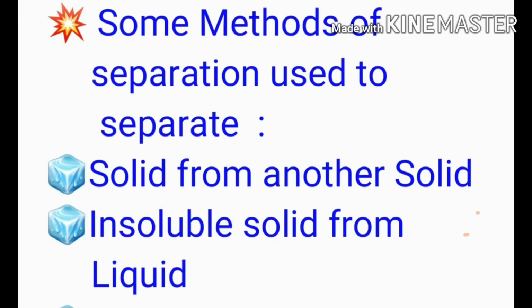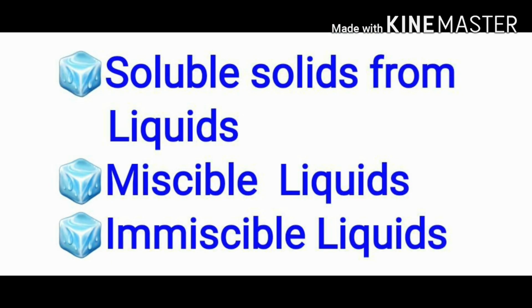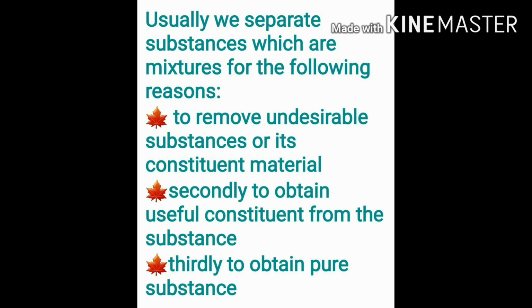We will also learn different methods used for separation of substances from solid, from another solid, insoluble solid from the liquid. We will also learn how to separate soluble solid from liquids, miscible liquids like lemon juice in the water, and immiscible liquid like mixture of liquid such as water and oil.